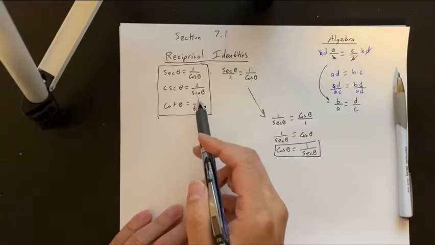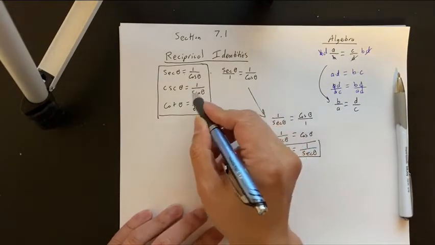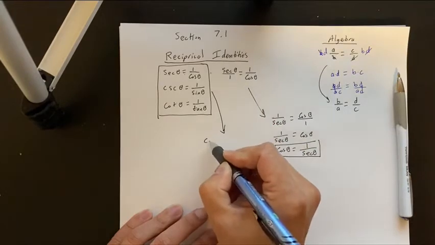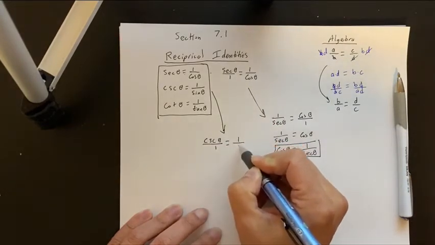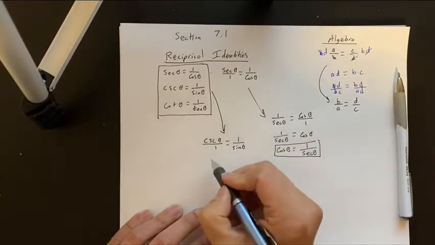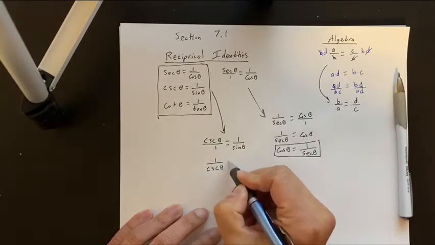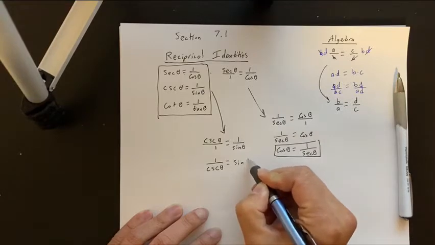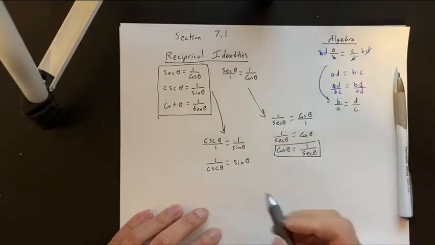You do the same thing for the other two identities. So if I were to take this one, that is cosecant theta over 1. That's going to be equal to 1 over sine theta. Okay? Flip the left, flip the right, you get 1 over cosecant theta is equal to just sine theta over 1, but I'll just write it as sine theta.